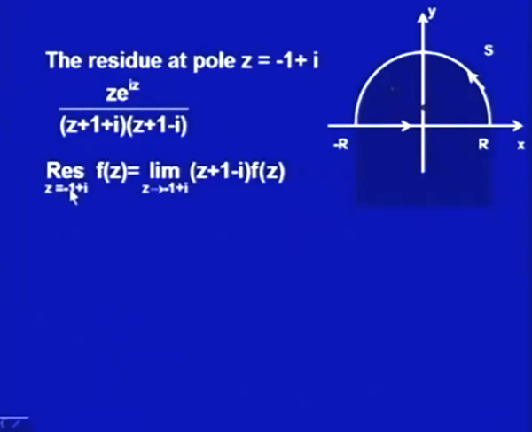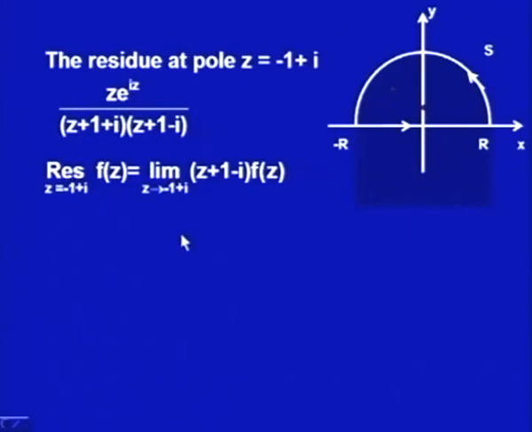Using this definition, the residue at z equal to minus 1 plus i of f(z) would be the limit as z approaches minus 1 plus i of (z plus 1 minus i) into f(z). Now, if I multiply my f(z) with z plus 1 minus i, we see that in the denominator we have z plus 1 plus i and z plus 1 minus i.